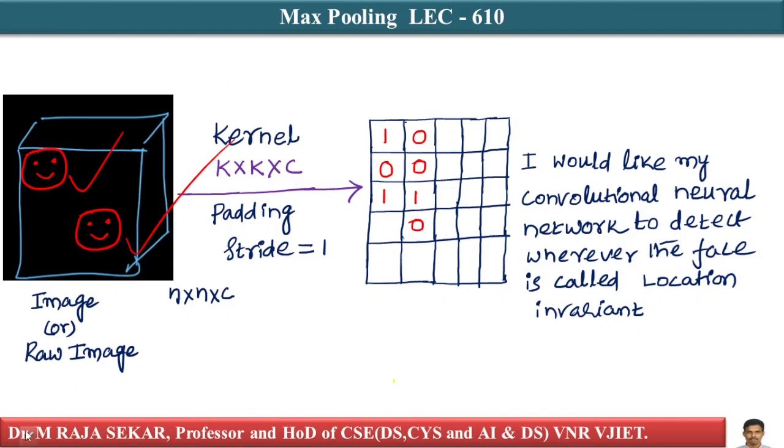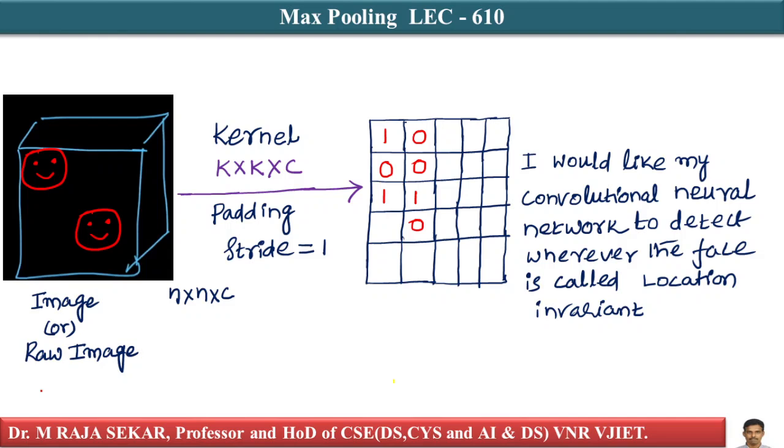Your CNN must be able to detect it. This is called location invariance. Wherever the object is in this image, we should be able to detect it. This is called locational invariance.